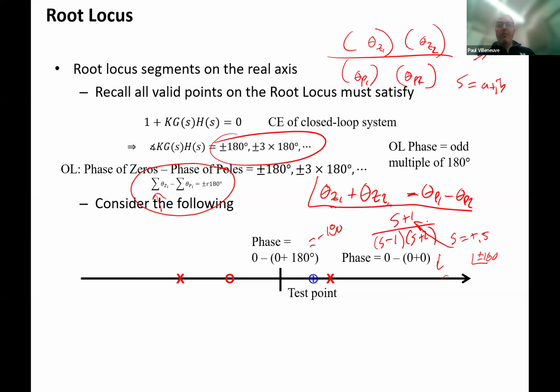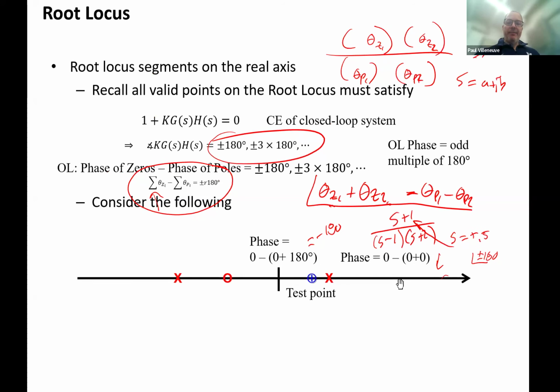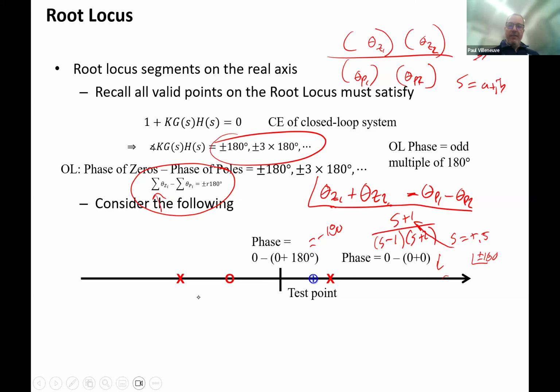Okay, so let's plug it in. So remember, our angle has to be this. If I plug in 0.5 for s, let's see. Hold on, let me do this.